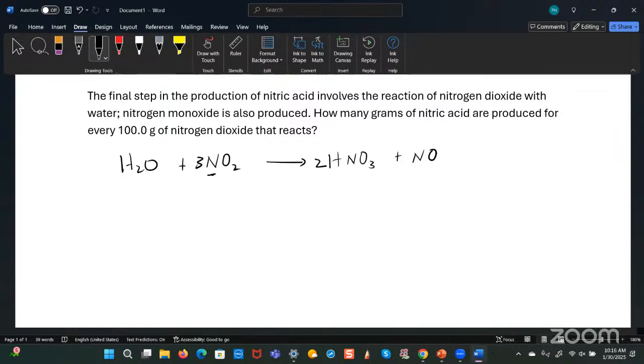Okay, so now that we have the balanced equation, what do you think the next step is? Start with the 100 grams of NO2, right? Then what?